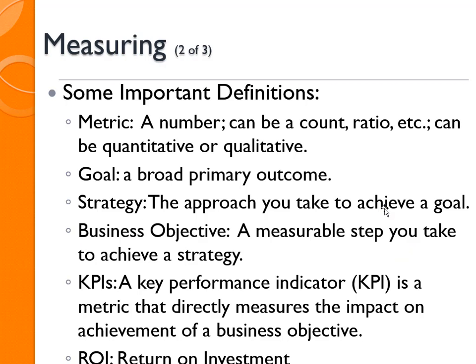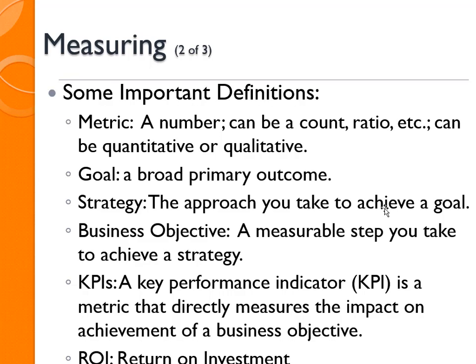So some basic terminology is when we talk about a metric, it could just be a count. It could also be a ratio. It can be quantitative, which is numbers, or it can be qualitative. And a qualitative metric might be how well somebody feels about something on a score of 1 to 10 or 1 to 5. A goal is a broad outcome.